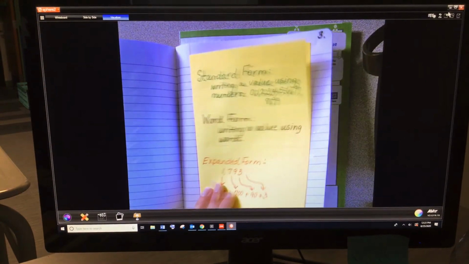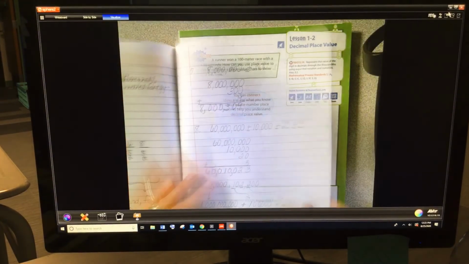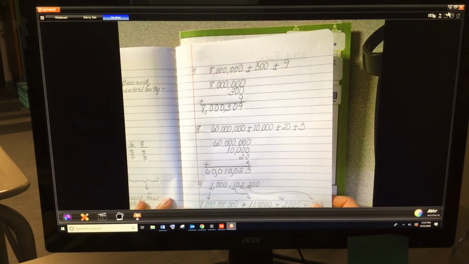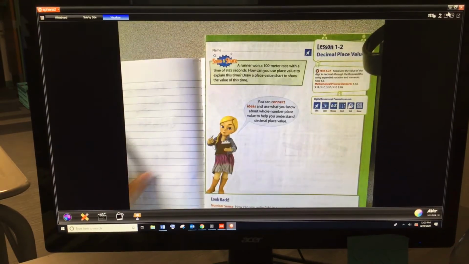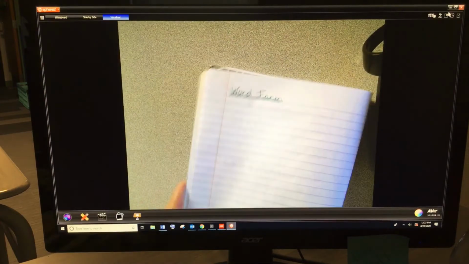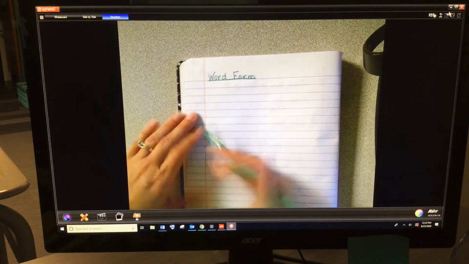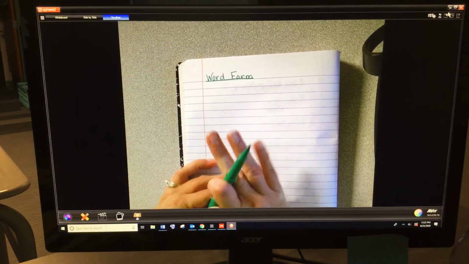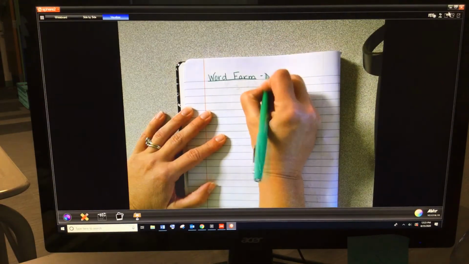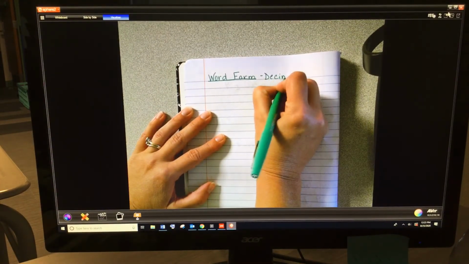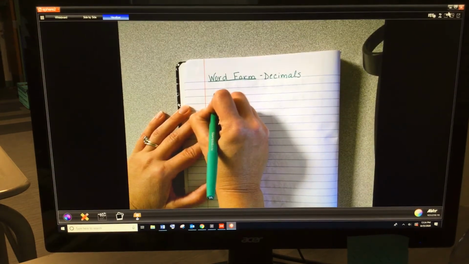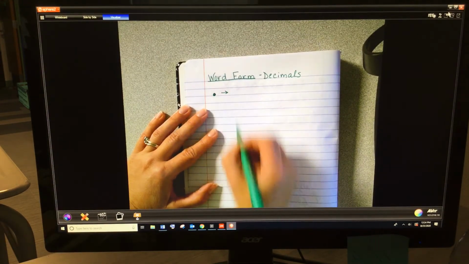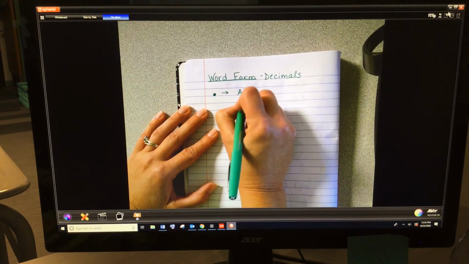All right, so I went to the last problem that I did in my journal when we were doing problems yesterday. I'm going to go to the back of that page. Now I want to talk about what we know about word form and decimals. We need to remember that anytime we see a decimal, we need to think of the word or say the word "and."